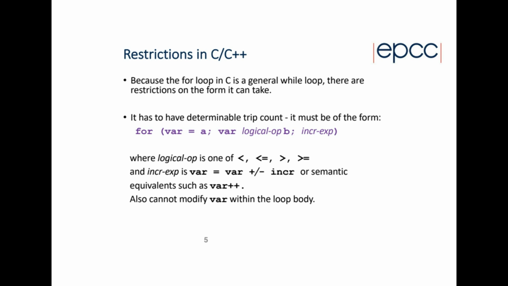And then some increment expression that looks like variable equals variable plus or minus something, or the usual semantic equivalents like var plus plus or plus plus var or var minus minus. The other restriction is that the loop iterator variable cannot be modified inside the loop body. Again, that's legal C or C++, but is not allowed if we want to have an OpenMP for directive on it.